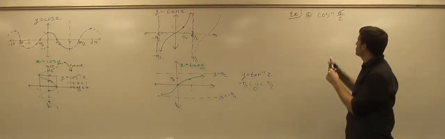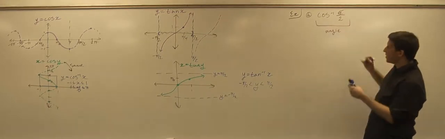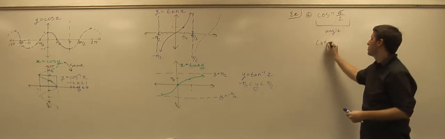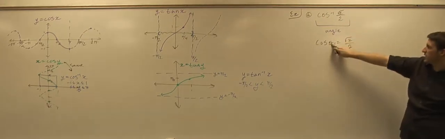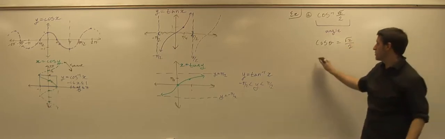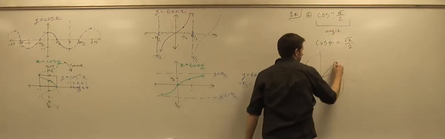An inverse function is always asking you for an angle, right? This whole thing is an angle. What angle is it? It's the angle that makes cosine root 2 over 2. So then you turn to your handy-dandy unit circle.